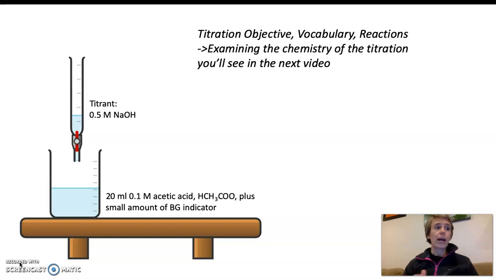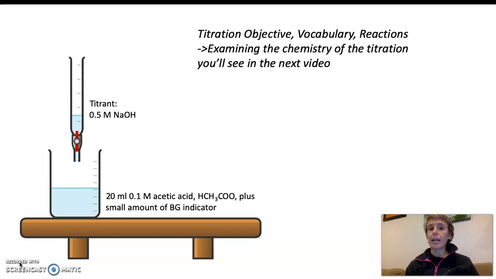So by having this buffering capacity here, we're going to be able to transition the indicator really slowly and carefully, see varying shades of green, hopefully, and very slowly change its speciation so that we can also take UV-vis spectra of the indicator.